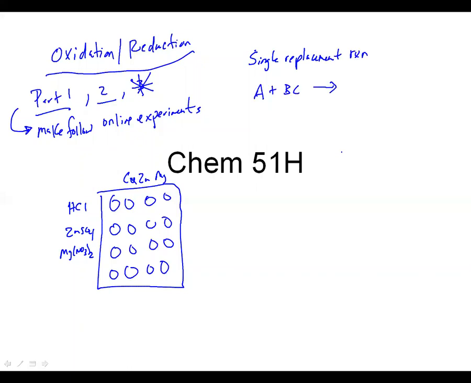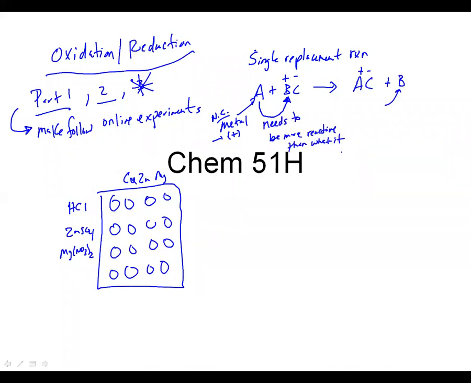If the reaction takes place, A would come in and kick out the positive guy because it's a metal. It doesn't have a charge at the beginning, but it will become positively charged. So it'll kick out the positive guy and make a new ionic compound, A and C. For this to happen, A needs to be more reactive than the one it replaces. Obviously, if it's less reactive, the reaction wouldn't take place, and you wouldn't get an overall reaction.